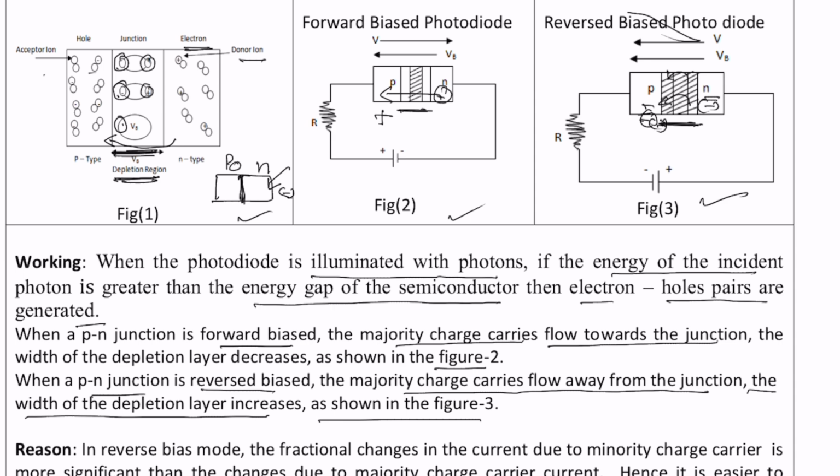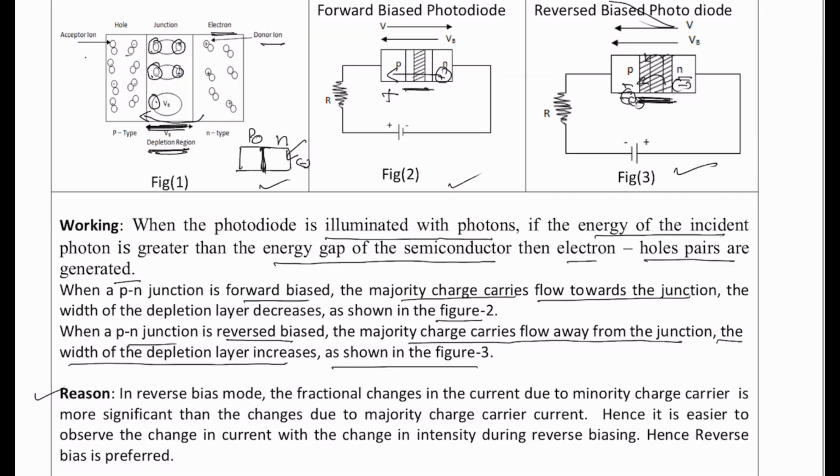The reason: in reverse bias mode the fractional change in the current due to the minority charge carriers is more significant than the change due to the majority charge carrier current. Hence, it is easier to observe the change in the current with the change in intensity during reverse biasing. Hence, reverse bias is preferred.